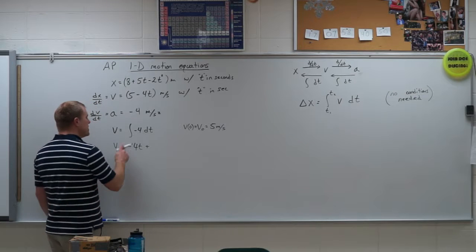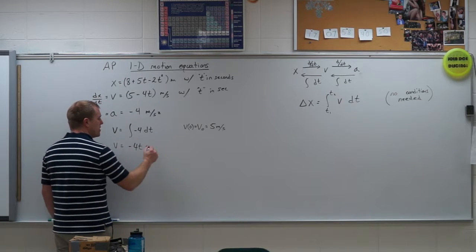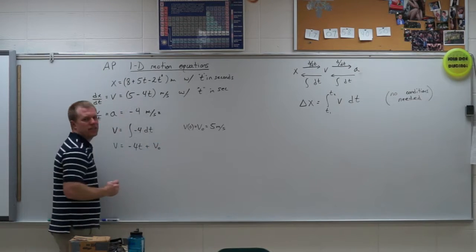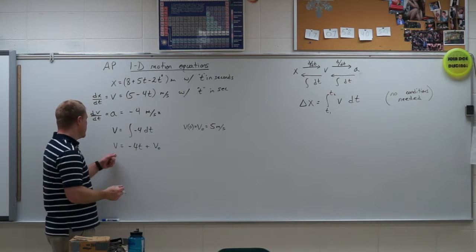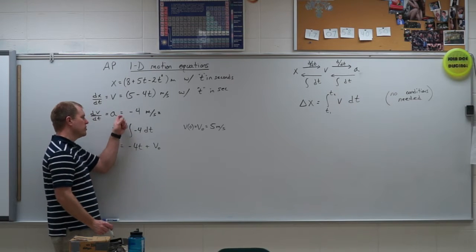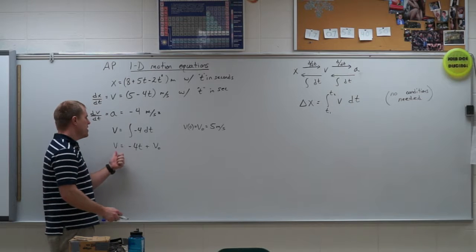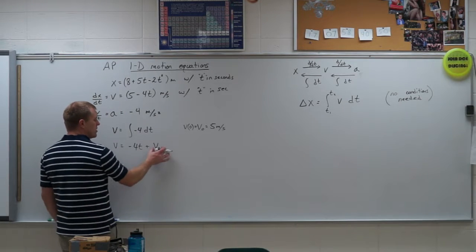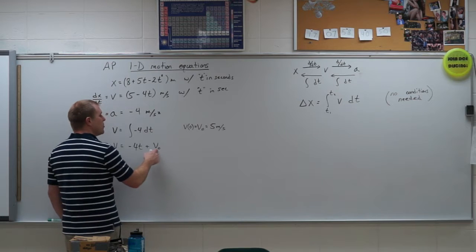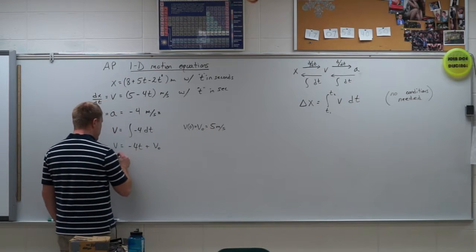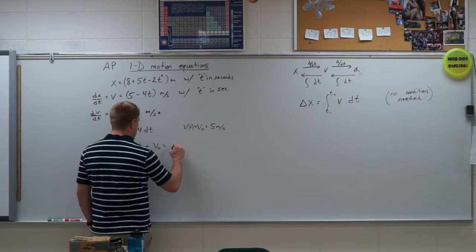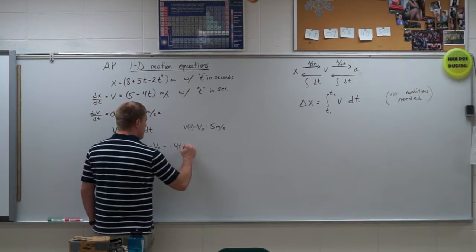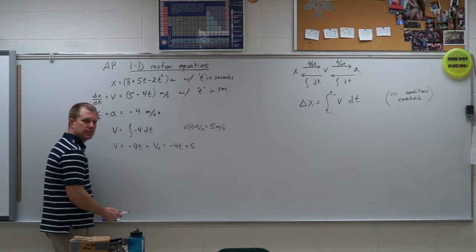Now, because this is a velocity function, this c value is my initial velocity. Whenever you take integrals with velocity and position, the c is just our initial value, and sometimes they just call it the initial condition. They did tell me v naught was 5, so I do know that this is going to be negative 4t plus 5. Okay.